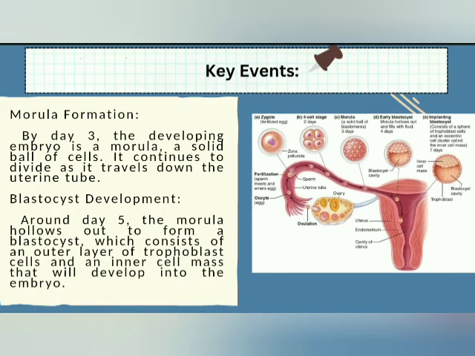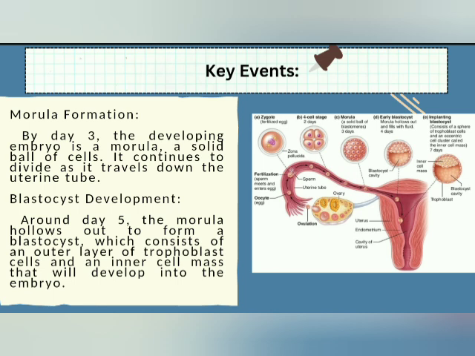At morula formation, day 3, the developing embryo is a morula, a solid ball of cells. It continues to divide as it travels down the uterine tube.